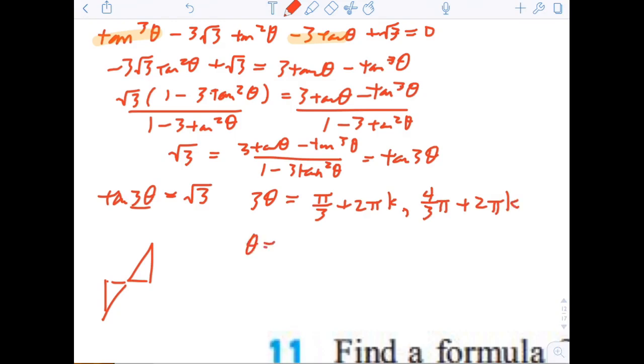And then theta would be equal to pi over 9 plus 2/3 pi k, or 4/9 pi plus 2/3 pi k, where k is an integer.